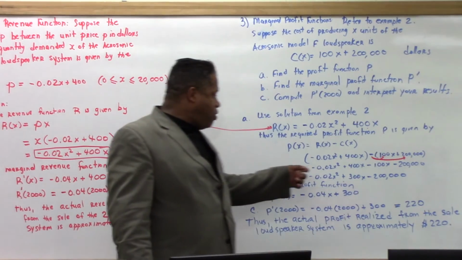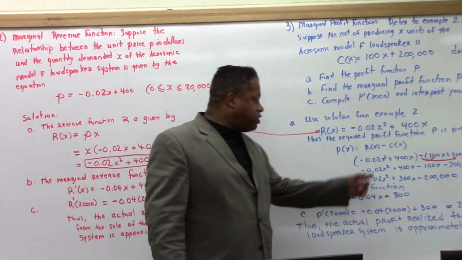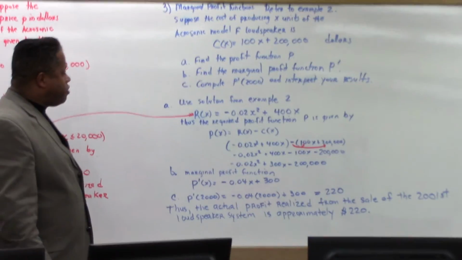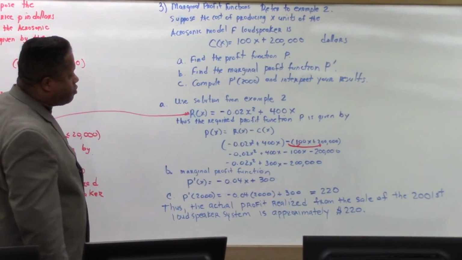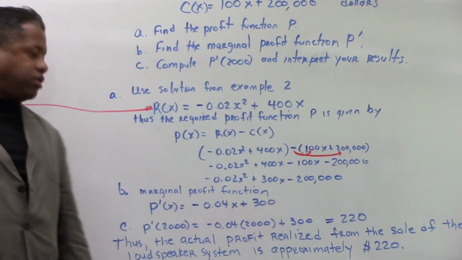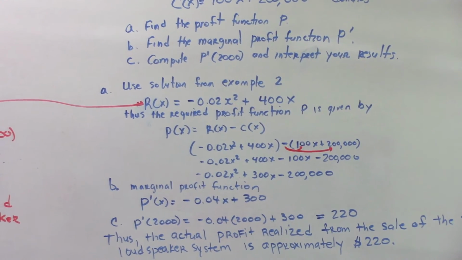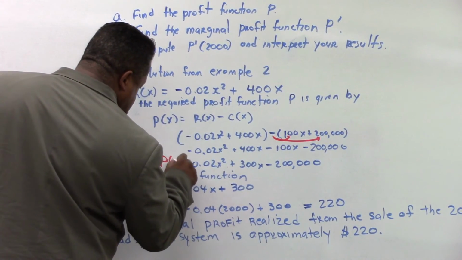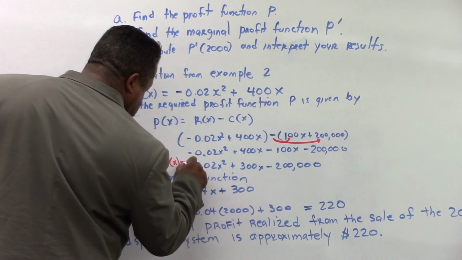Once you do that, you come up with negative 0.02x squared plus 300x minus 200,000. So that is your profit function right here.